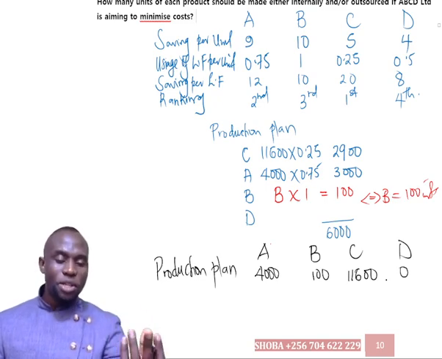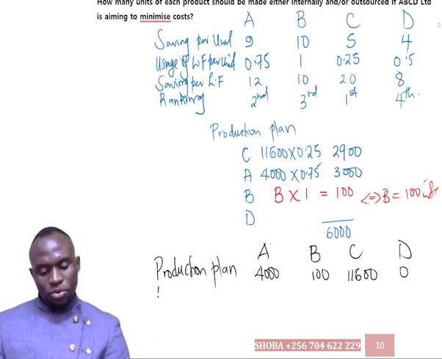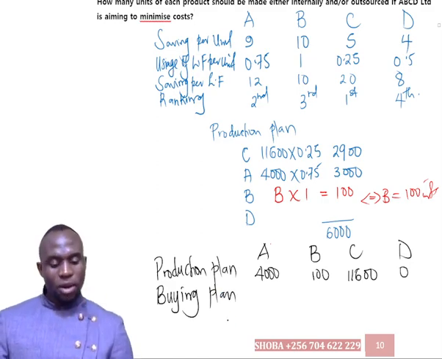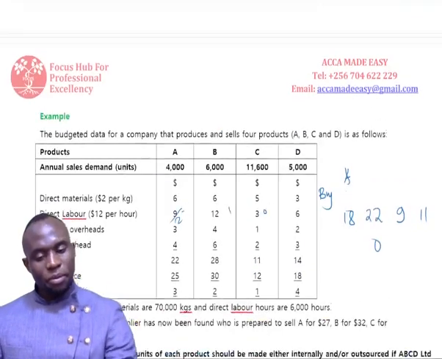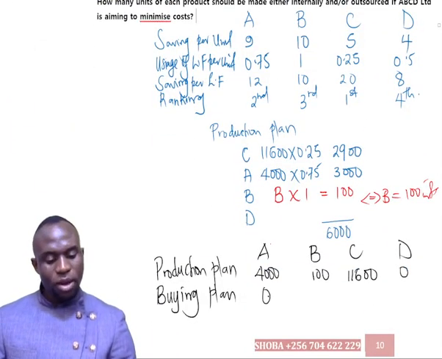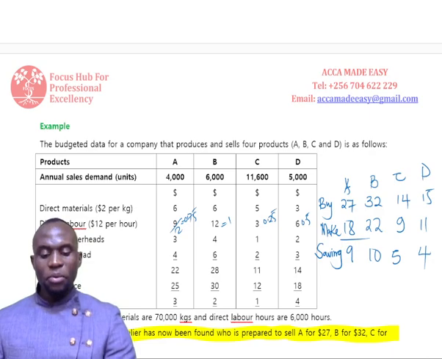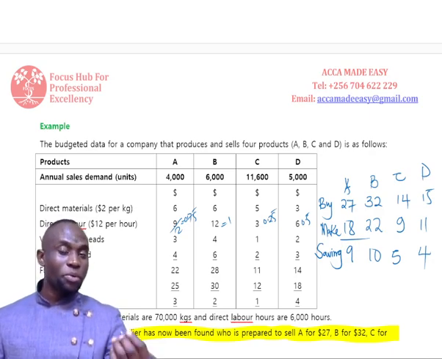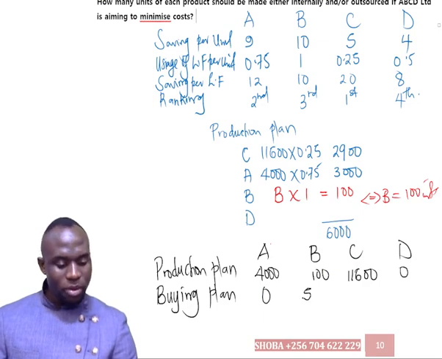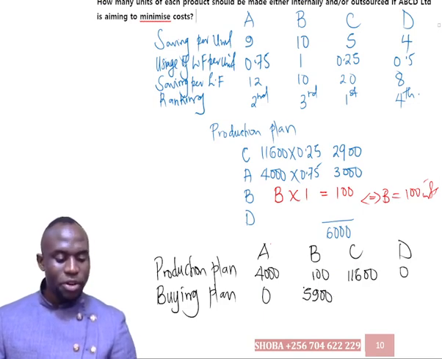Now, how many units should we buy? So you see, outsourcing or buying plan. So if we are buying, now look at the figures. For A, we need 4,000 and we've produced 4,000. So we are not buying A. Then for B, we need 6,000, but we've produced 100, so we can buy the remaining 5,900 units.